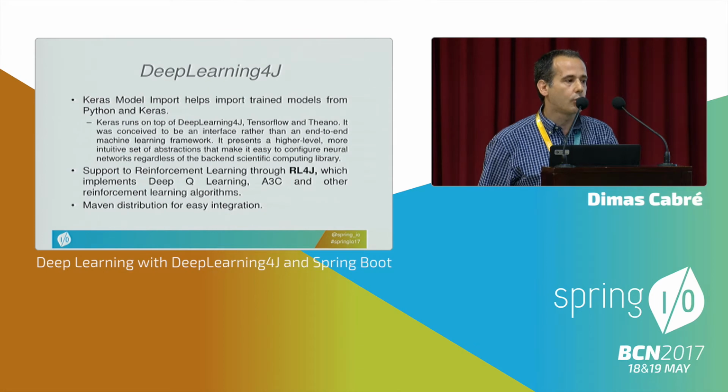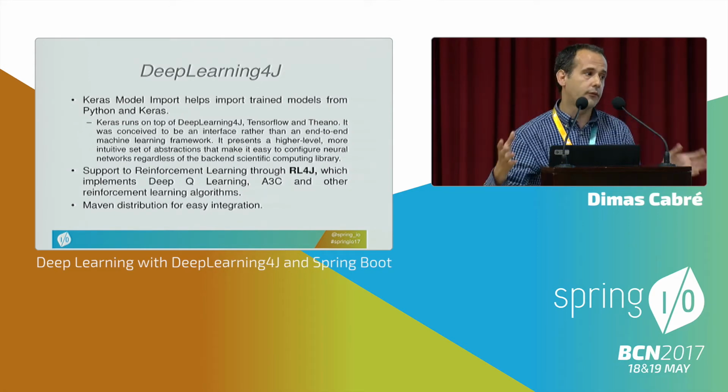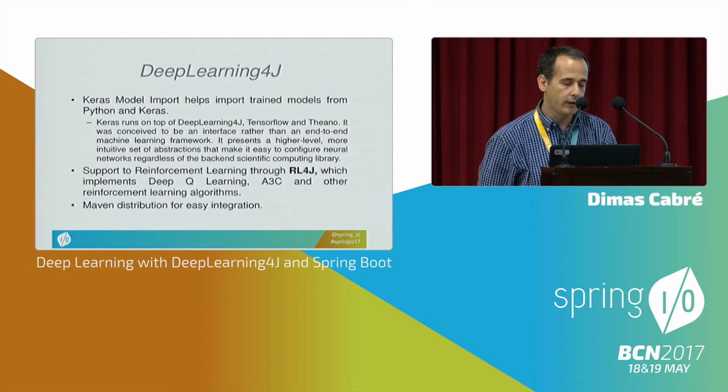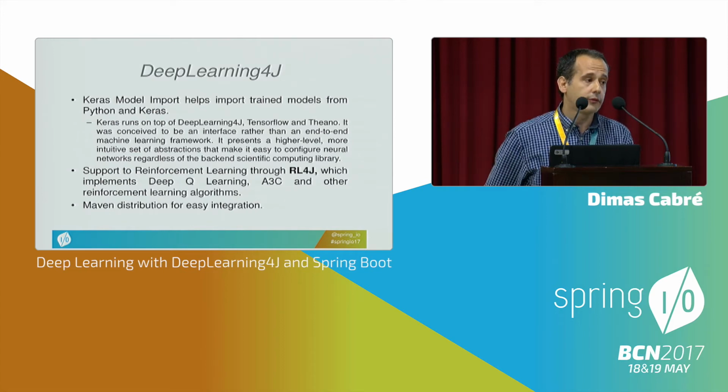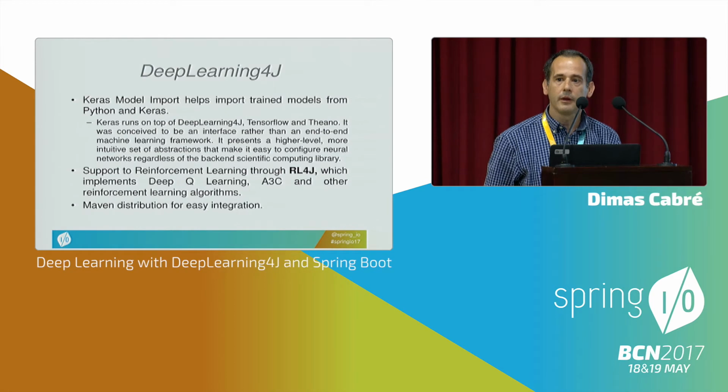So if you prefer to work with TensorFlow, Torch, or Theano, there is no problem. Keras is kind of a wrapper, an interface that lets you work in this way. So one of the nice things is that DeepLearning4J also supports Keras models. In some way, everything you do with these libraries can be imported to DeepLearning4J and you can keep working with this library in Java.